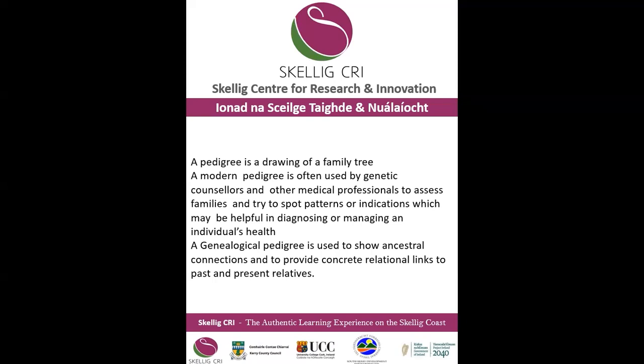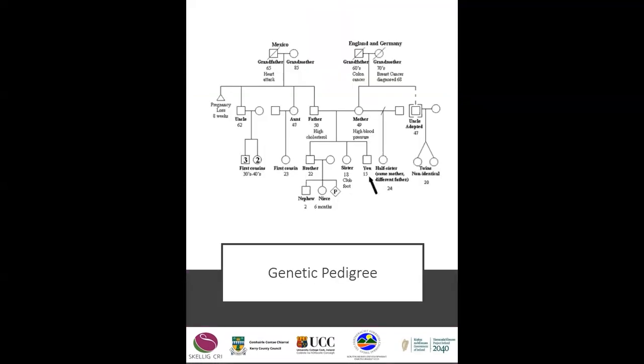It's done in a different way, but it is the same output, if you like. You're looking at kin and relations and concrete relational links to past and present relatives. This is an example of a genetic pedigree, and you can see just how it works in relation to what it's pointing out to you and how clear it is as well.